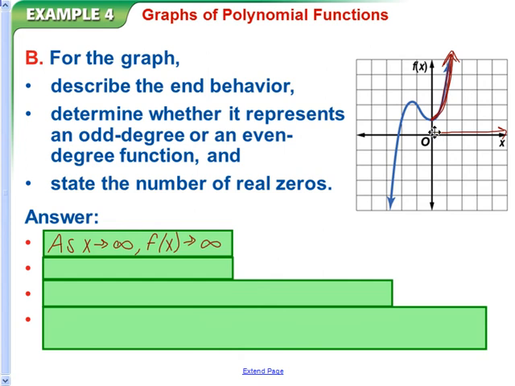Okay, let's go the other direction then. If we go to the left, so as x goes towards negative infinity, f of x, our function's value, what's happening here? It goes up a little bit, but then at the end, it goes down a long ways. So it's going to go to negative infinity. Okay, so if they're going in opposite directions, is it going to be an odd or an even function?